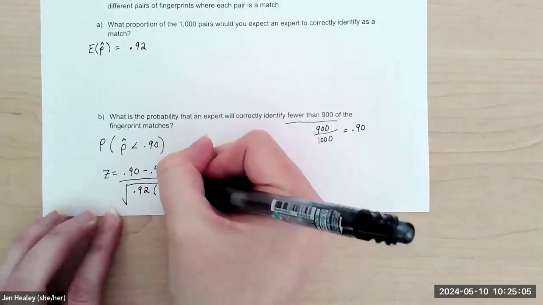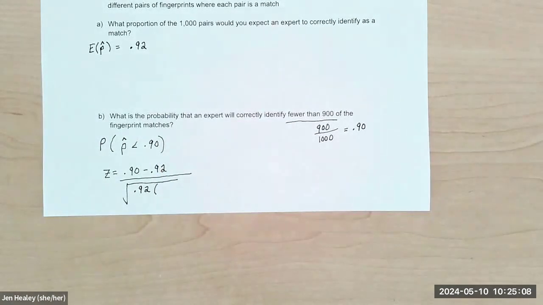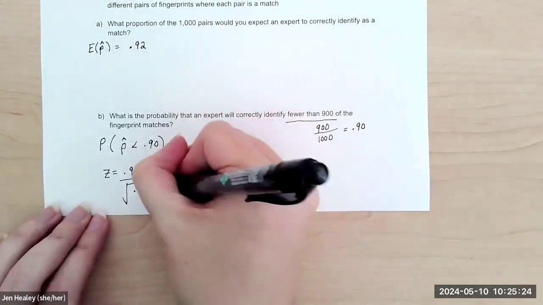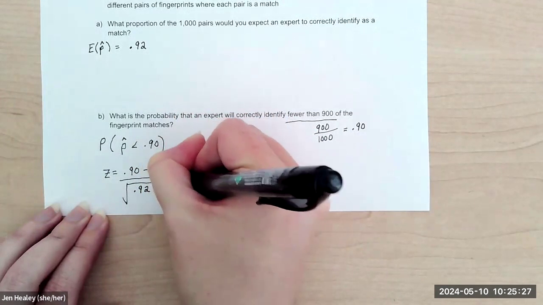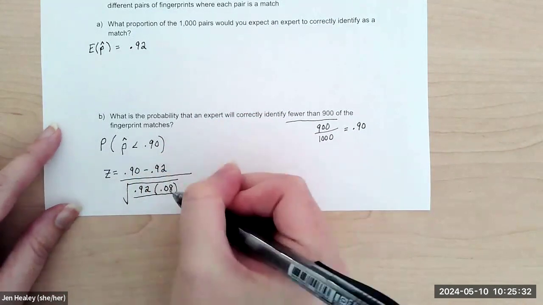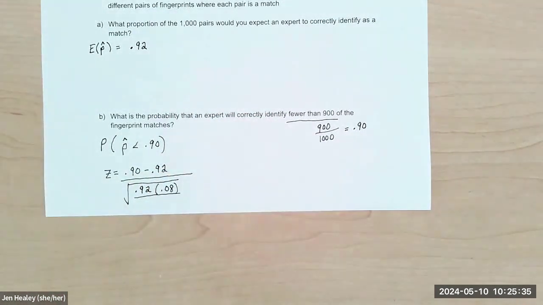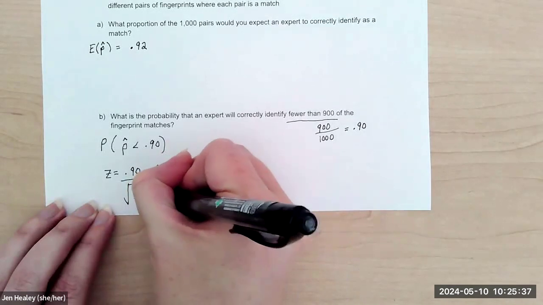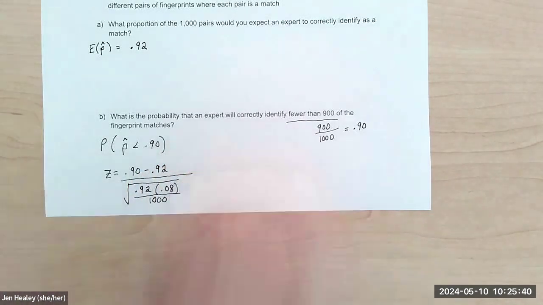What's my q going to be here? Yeah, 0.08, because remember p and q together have to add up to 1. So if this is 0.92, then the other thing has to be 0.08. The other way you can do that is just do 1 minus the p, like the formula says. And then we divide that by our sample size, which they said is 1,000 for this one. We're going to go find our z now.